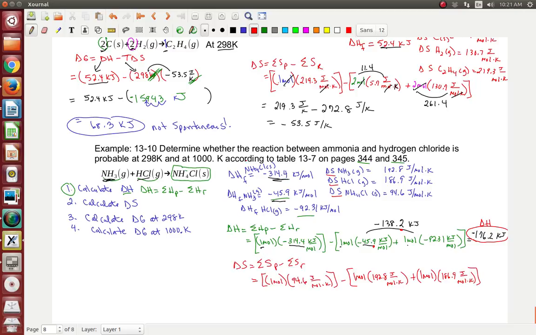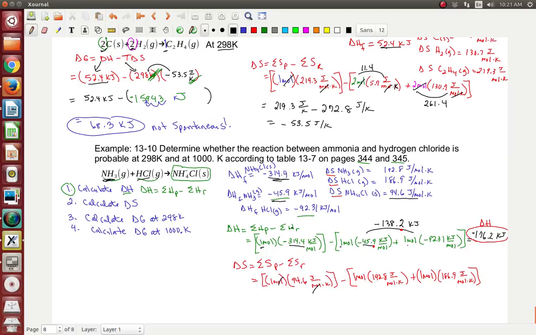Okay, I went ahead and inputted these values again for you. Formula still, delta S equals the sum of the S of the products minus the sum of the S of the reactants. The product is NH4Cl, there's the entropy of the product, 1 mole of it, moles cancel.